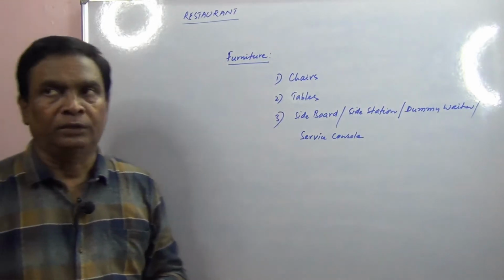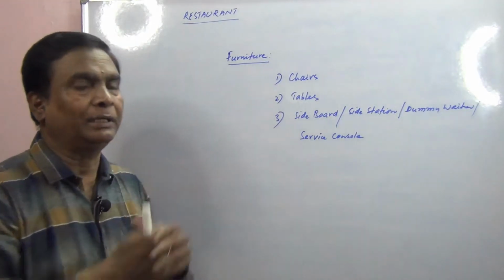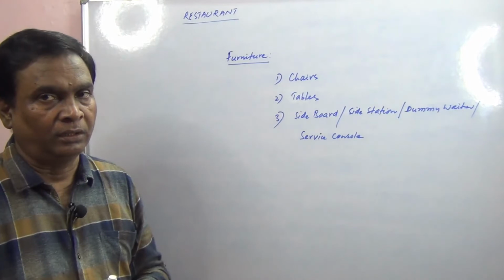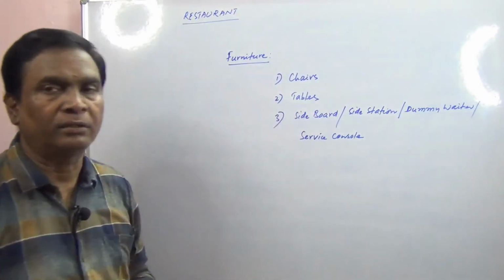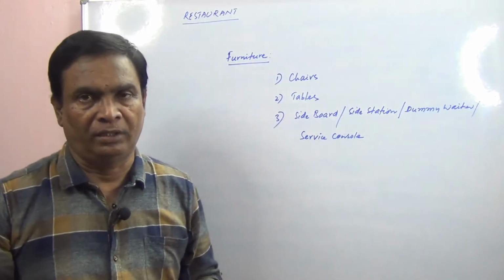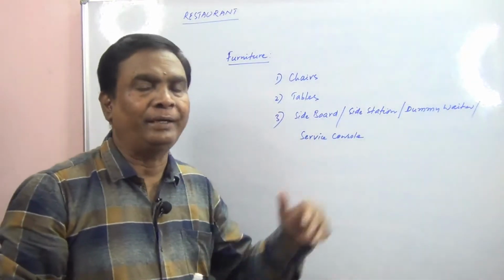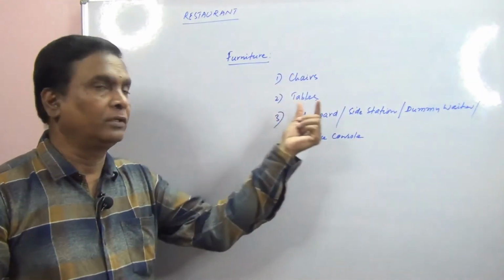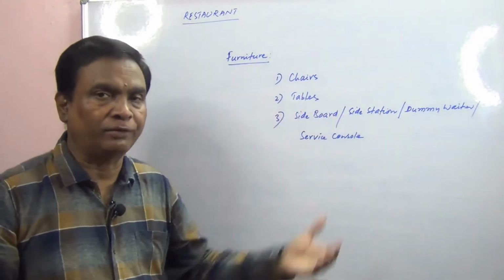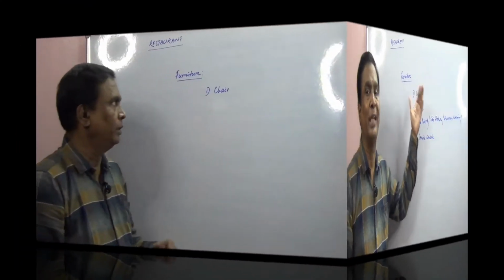Now we have to learn about sizes of different types of furniture that you find in a restaurant. So let us go ahead and learn about the sizes of chairs, tables, different types of tables and sizes.